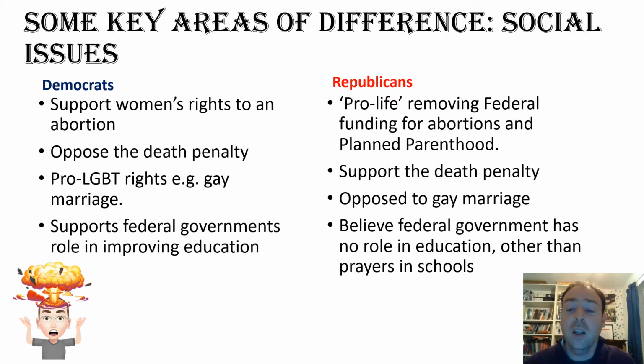That's not necessarily a universal view amongst all Republicans. We see George W. Bush, for example, massively expanded the federal government role in education, and so we get variation on this. But generally speaking, anything that's liberal and progressive tends to be Democrat, and anything that is far more conservative and focused on traditional Christian values tends to be more Republican.